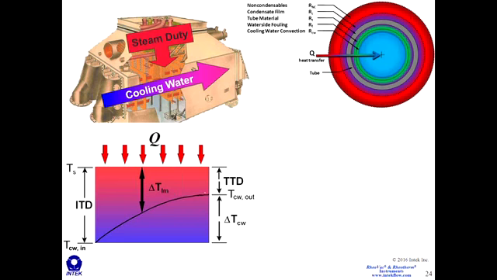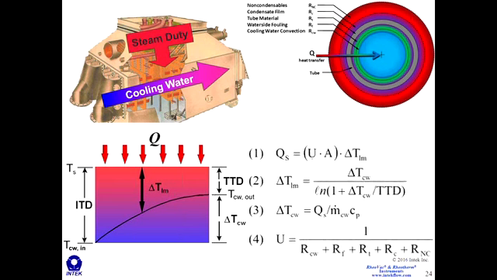Now, in the previous slide, we had Q equal to 1 over R delta T, and in this scenario, it's roughly the same thing. Here's Q here, and we have U, the heat transfer coefficient.